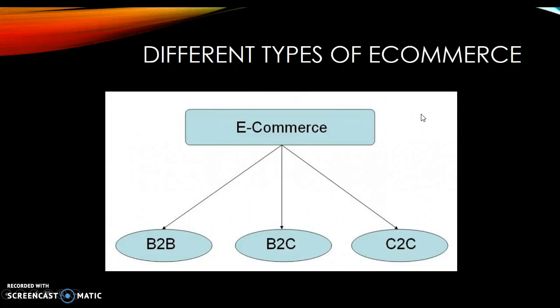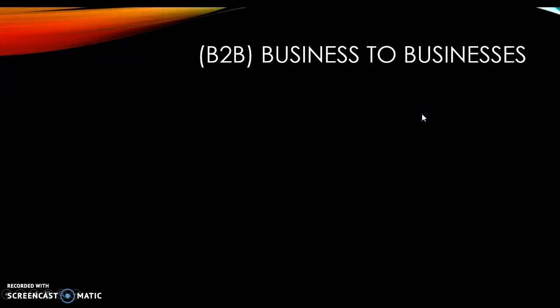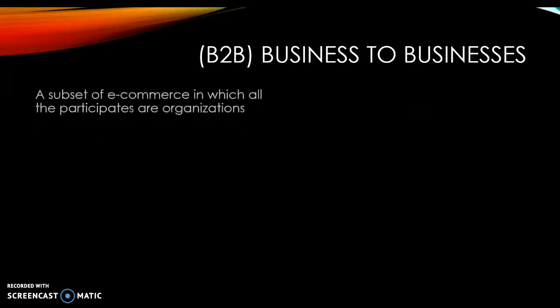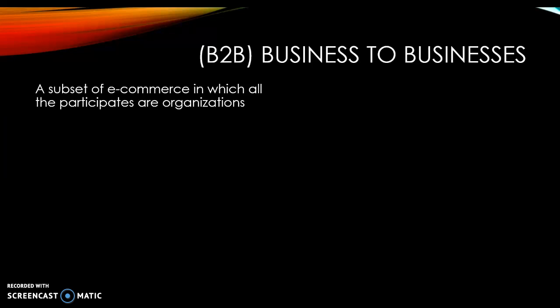So there's different types of e-commerce. The first one we're going to talk about is B2B, business to business. What a business to business e-commerce is, is a subset of e-commerce in which all participants are organizations. So kind of think of it as if you're a business, you're going to buy something from another business to help support your business.